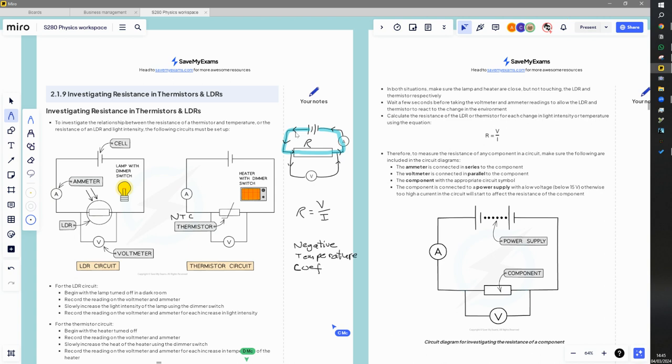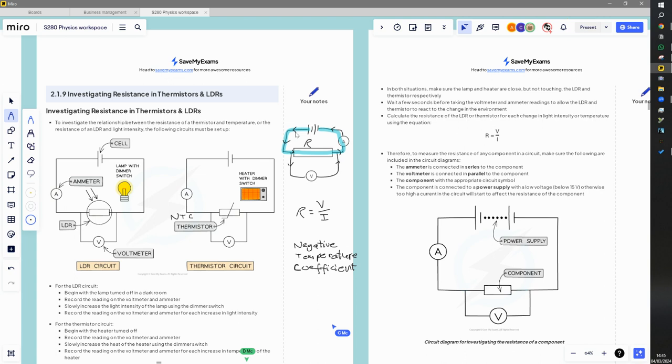Now, most likely, you won't see this. It'll probably just be called a thermistor. But generally speaking, probably maybe all the time, whenever you see the word thermistor, it means NTC thermistor or negative temperature coefficient thermistor.